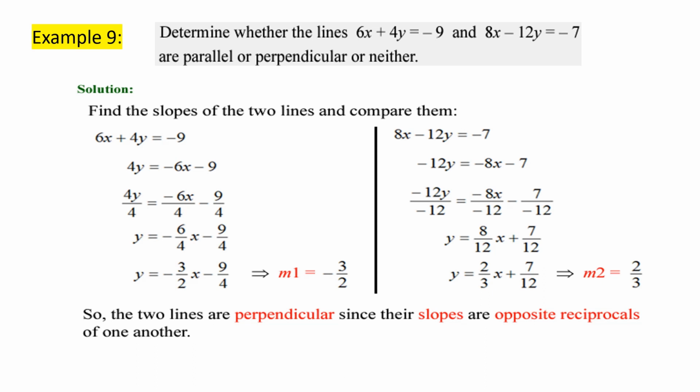So first, think about what the slope of the line is and how to find it. For this case, the standard form of the equation is available, so I need to change it into slope intercept form. The general form of slope intercept is y equal to mx plus b.